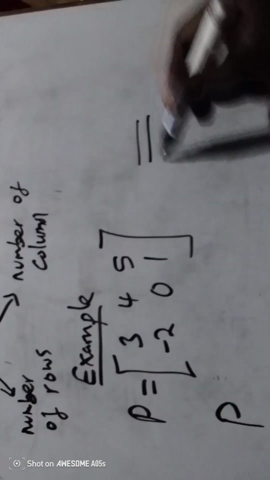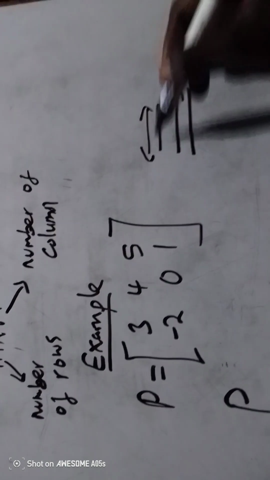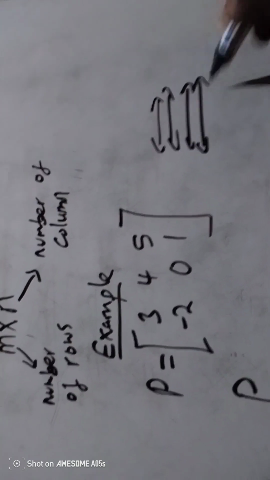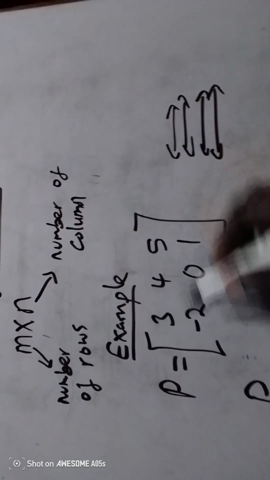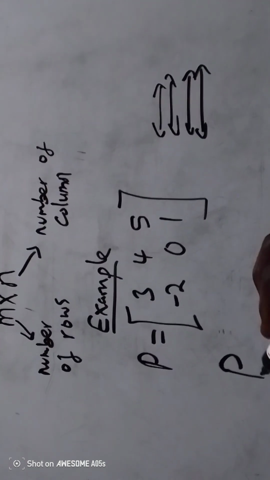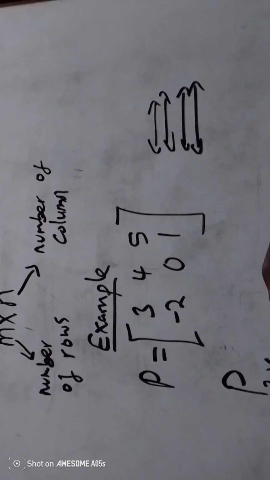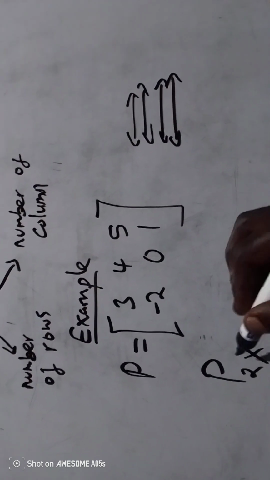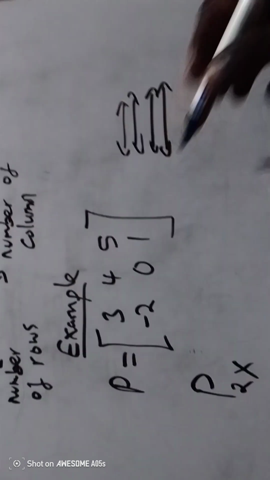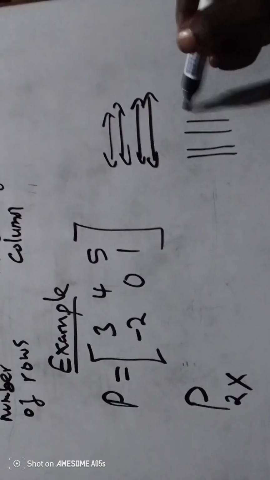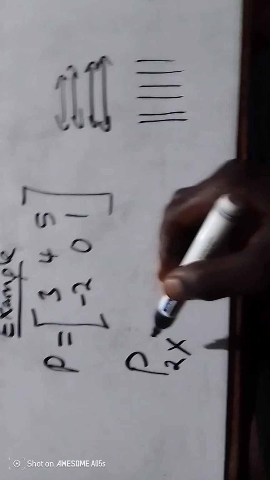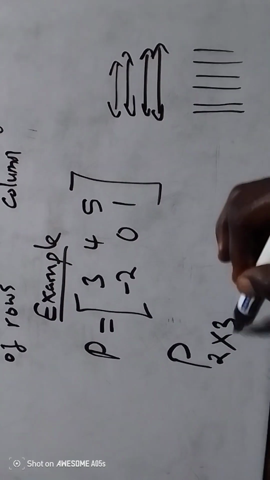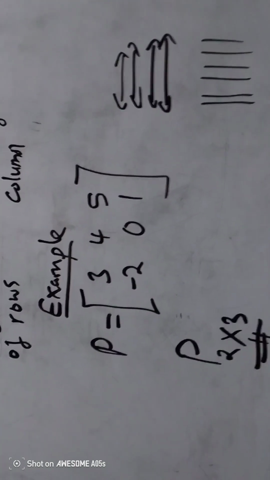Remember, the rows are these which are running from east to west. So how many can you see? We can see 1, 2. Hence we've got a 2. Then you say by. So you say 2 by. Then how many columns? Remember the columns are these which move up and down. So I've got 1, 2, 3 of them. So matrix P is a 2 by 3. So that's how we state the order.